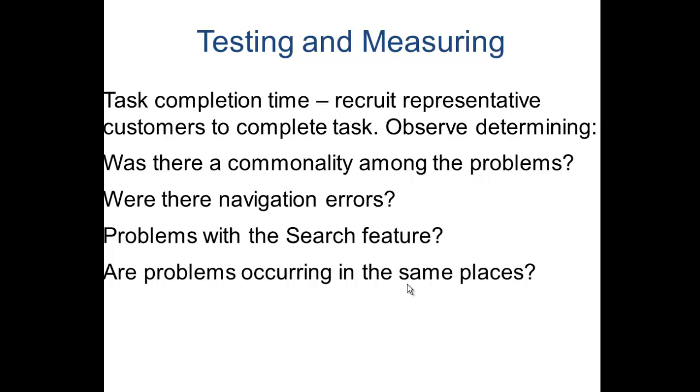Was there commonality among the problems? Were there navigation errors, were there problems with the search feature, that the search feature wasn't being used correctly, or problems with the information that was returned from that search feature? Are there problems occurring in the same places?